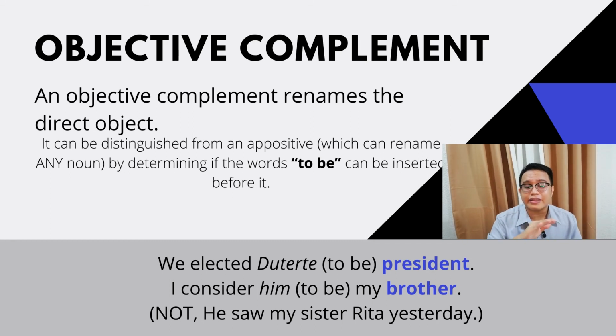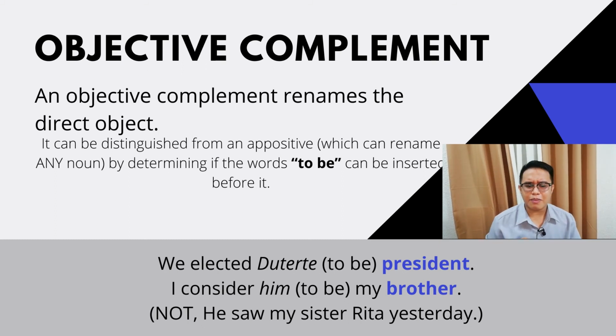After the verb, we elected what? Or we elected who, right? So, we elected who? Duterte. To be president. So, if you insert "to be" between the direct object and the objective complement and it makes sense, then president there is an objective complement.